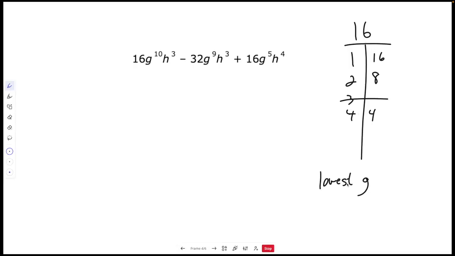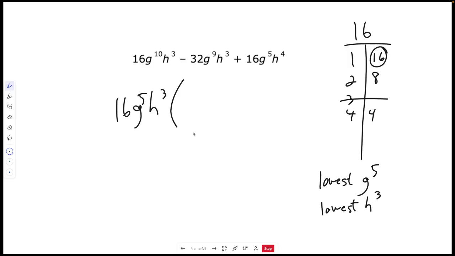Lowest g power is to the 5th power, and lowest h power is h to the 3rd. And for the coefficients, this 16 actually divides all of them. So we're taking out 16 g to the 5th, h to the 3rd.